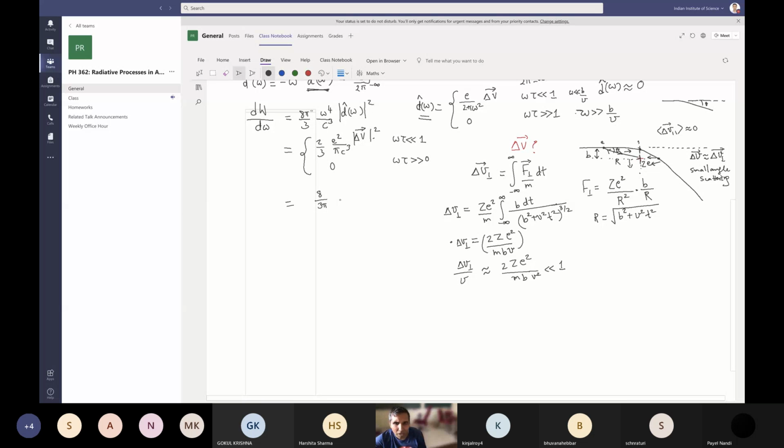So we have delta V squared: 8 by 3 pi Z squared e to the 6, right? Because there is e squared here and e to the 4 from delta V squared, over m squared V squared B squared, for omega tau much less than 1, and 0 of course for omega tau much greater than 1. This is the high frequency limit.